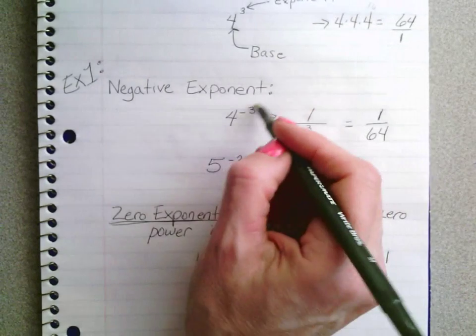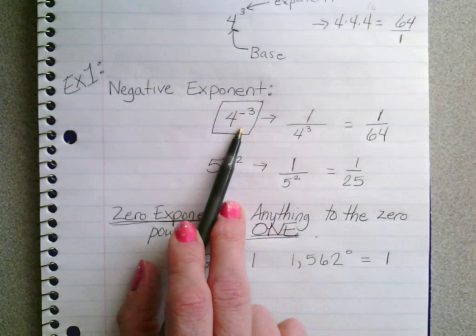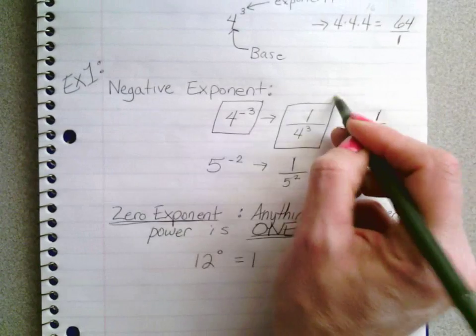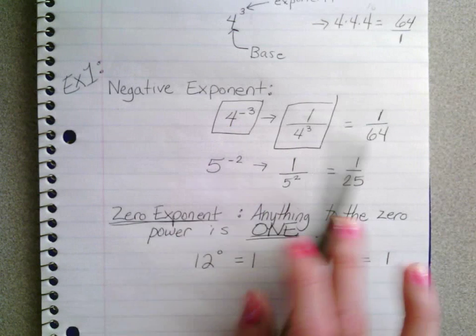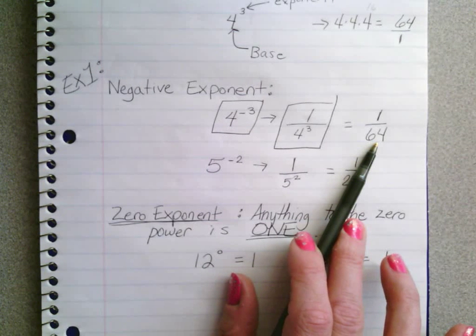So if I say to you, write this expression using only positive exponents, then you could simply answer it this way. You could go to that point. You don't actually have to go all the way to here. You can, but you don't have to.